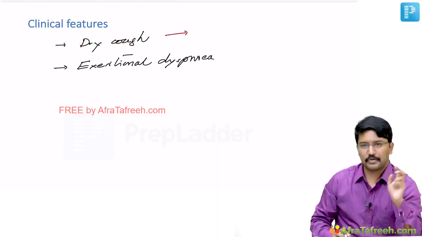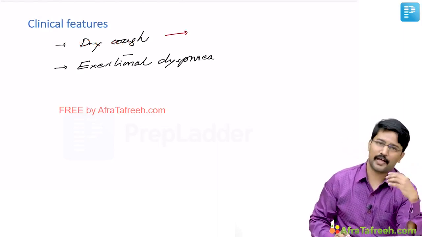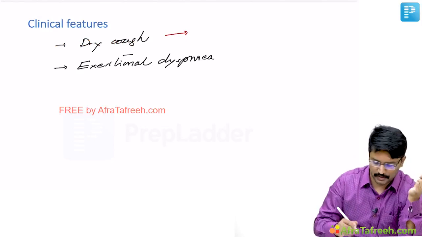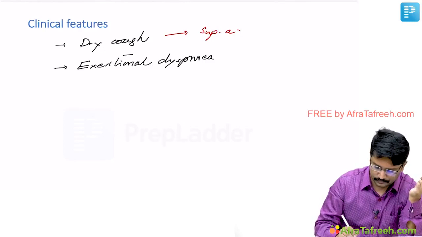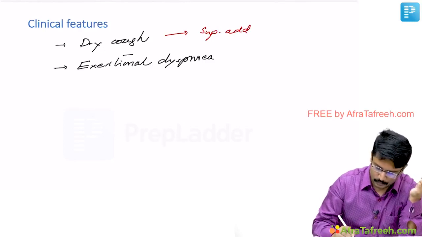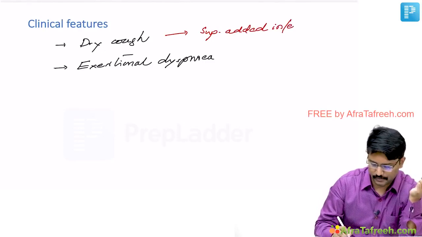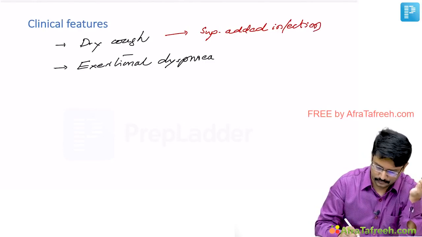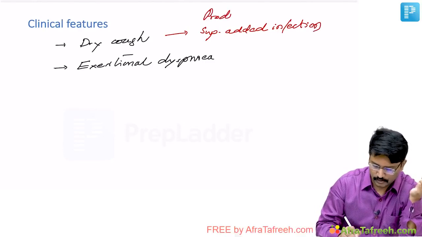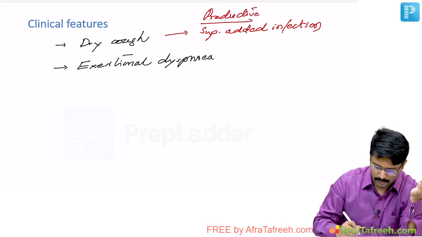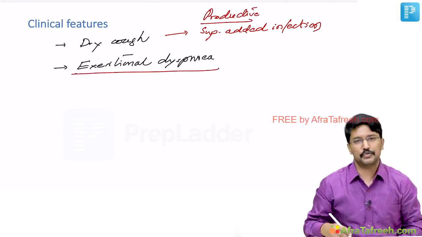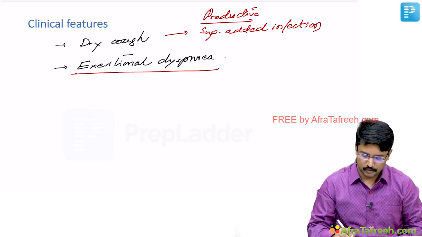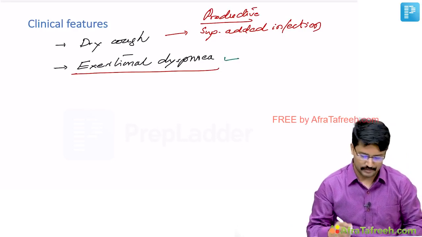A productive cough in any patient suspected of or having proven interstitial lung disease should raise a suspicion of superadded infections. Otherwise, there is dry cough, and these patients very often have significant exertional dyspnea, and the usual way of presentation is because of the worsening exertional dyspnea.